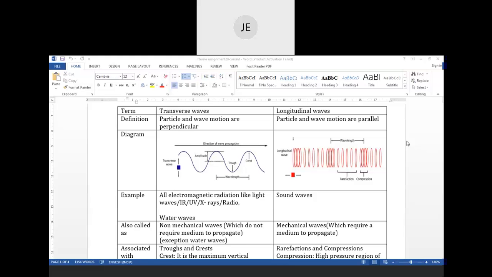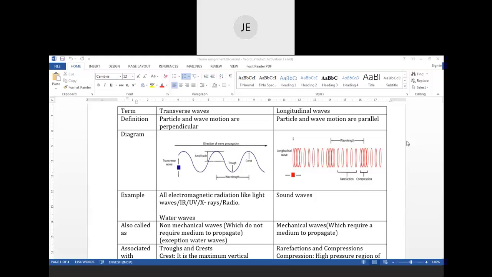So when we are talking, how does it reach the other person? In the form of a longitudinal wave. Near our mouth, there is an air column. That particular air column gets vibrating, and it transfers the energy to the surrounding air column.